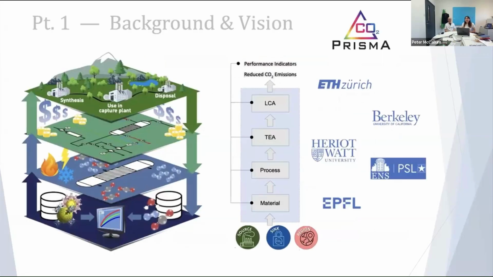So this is what we envisioned like 6 years ago. We thought about, can we develop this tool that connects all the different elements that are important in the materials discovery process, and then provide that tool to the community. So we developed what we call our Prisma platform, and the idea here was to connect all the way from the materials space to the life cycle assessment, going through the process and the techno-economic analysis.